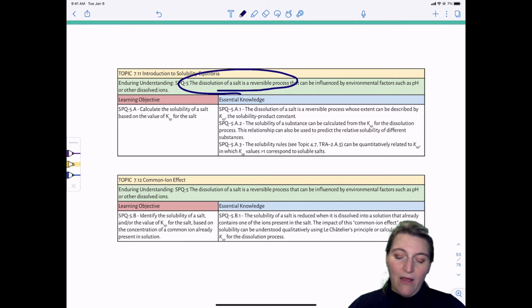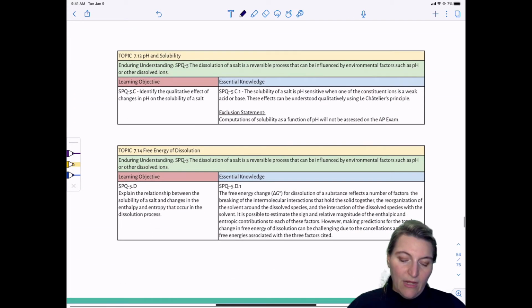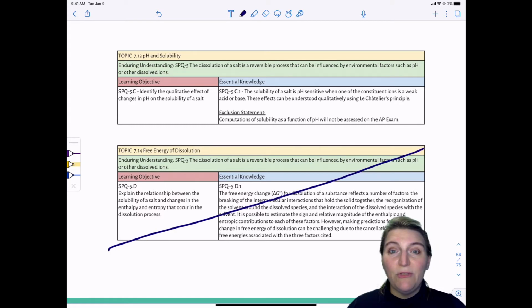That's what equilibrium is all about. It can be affected by pH. And this last one, 17.14, is actually one that we are not going to do until we talk about entropy.